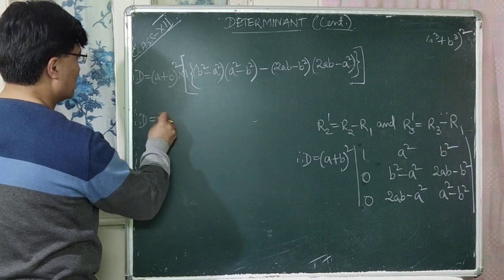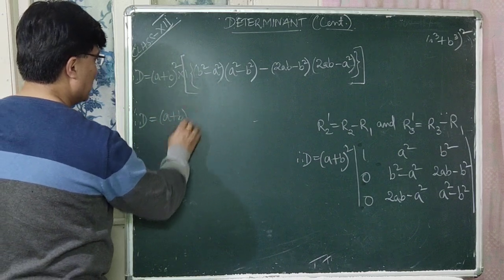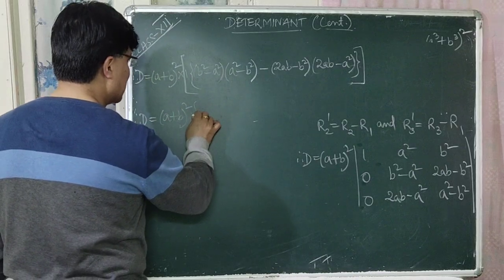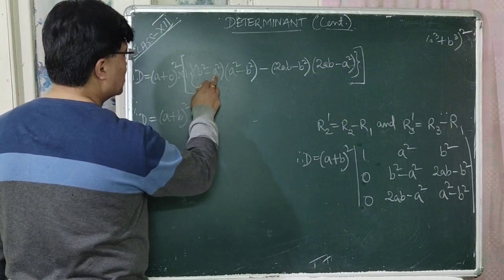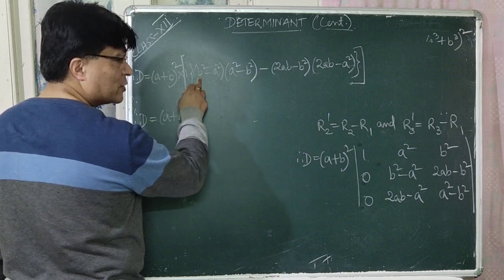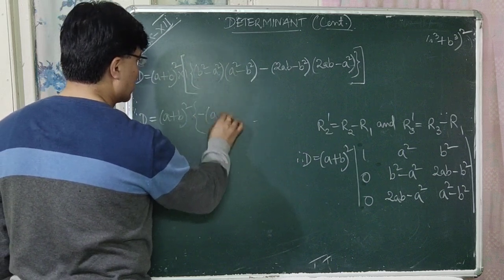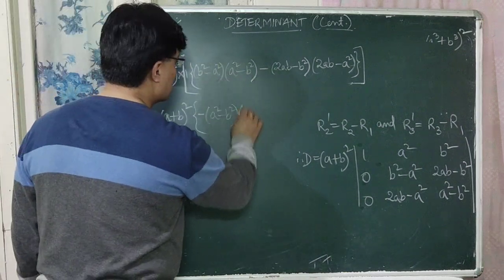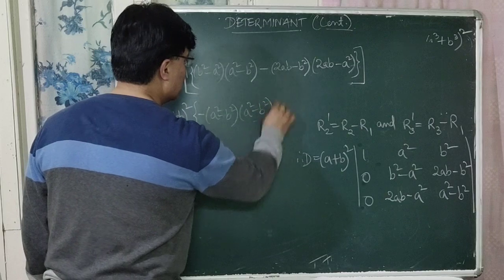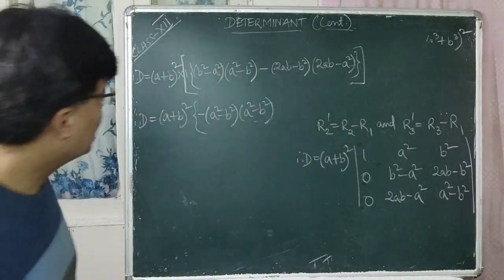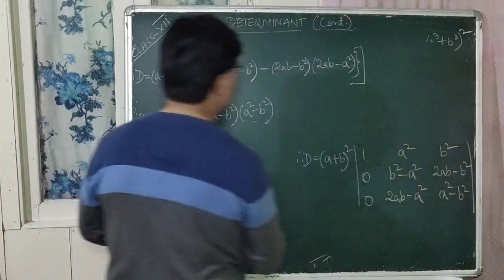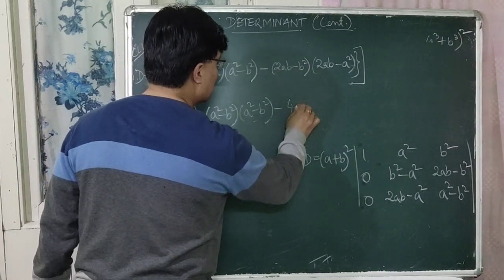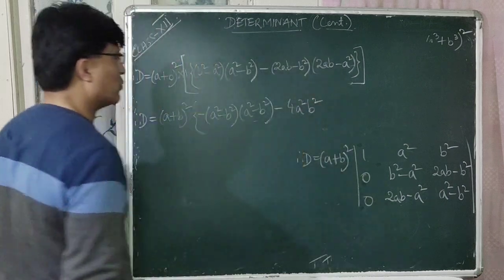Therefore D is equal to, this is your (a plus b) whole square. So now within the second bracket, a square minus b square, you can write here a square minus b square, isn't it? Minus within bracket a square minus b square. So this is also a square minus b square. Is that clear? Now let us simplify the next two factors. Minus 2ab into 2ab, this is 4a square b square.